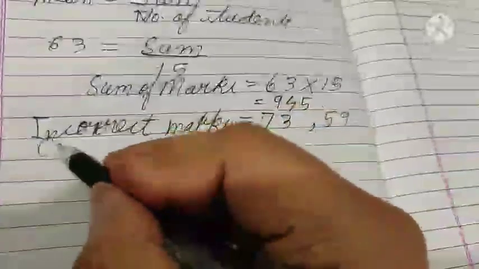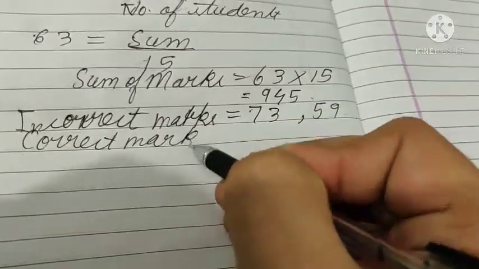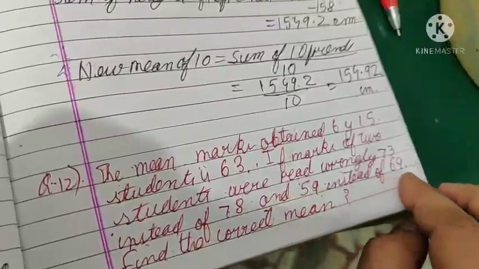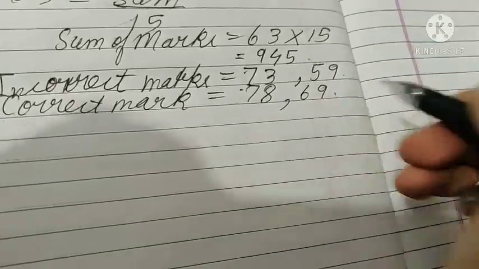And what were the correct marks? It was 73 instead of 78 and 59 instead of 69, so 78 and 69 are the correct marks.